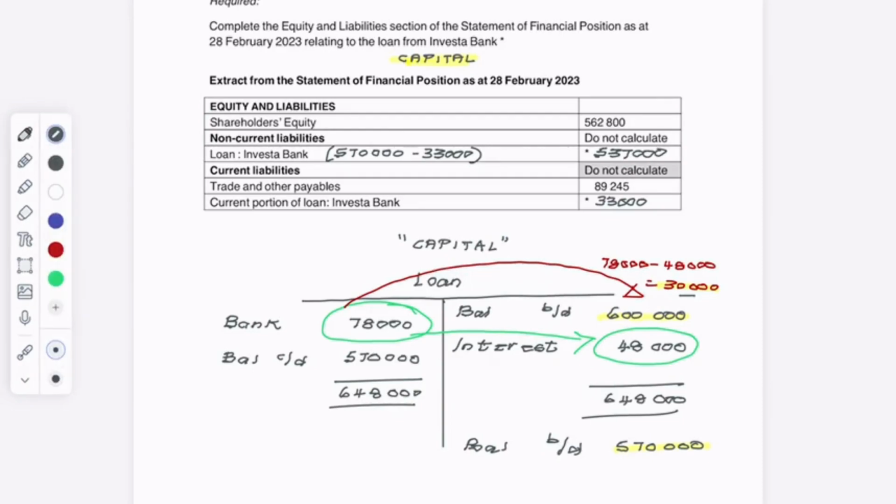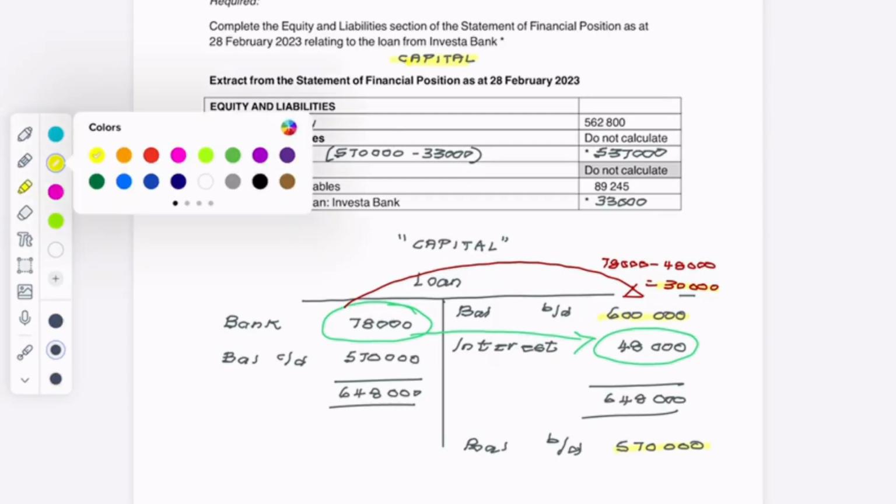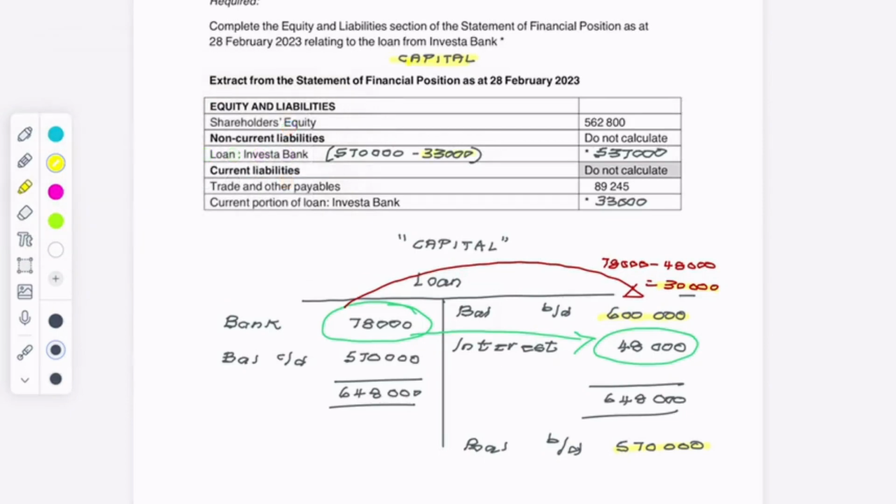All we've done is we have reclassified this 33,000 down into the current portion, because it's going to be paid within 12 months of the date of our financial statement.